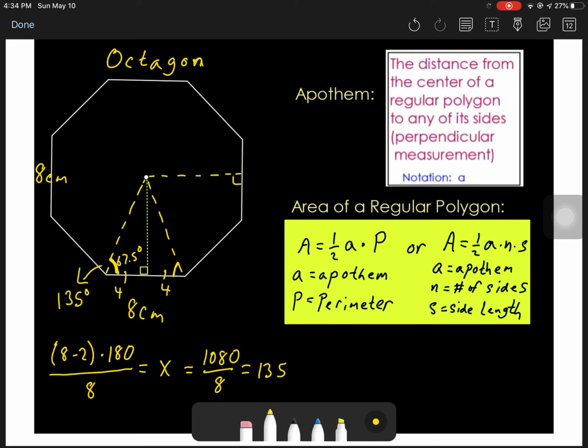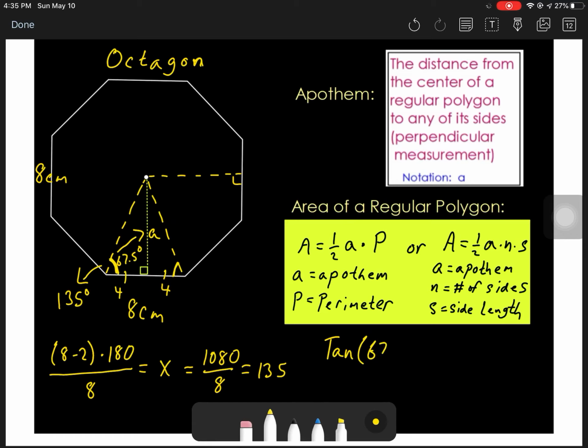How can we use an angle and a side to find another missing side? Well, if you recall, we learned how to do this earlier in the year using trigonometry. I'm going to call this A, because that's the apothem. To use trigonometry, I need to figure out which sides I have. Remember SOHCAHTOA: sine, cosine, tangent are the options. In this problem, we want to use the opposite side and the adjacent side, which is 4. Opposite and adjacent is tangent.